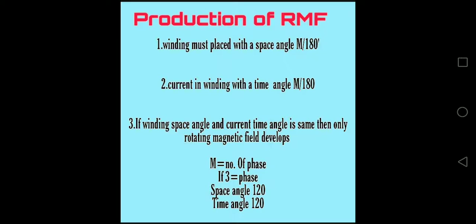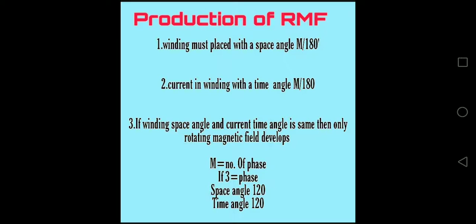AC machines. To create a rotating magnetic field in the machine, there are two very important conditions. Condition number one: windings must be placed with a space angle of 360 degrees by m. Kindly correct that, it is not 180, here it is 360 degrees. In the slide there is 180, that's wrong.